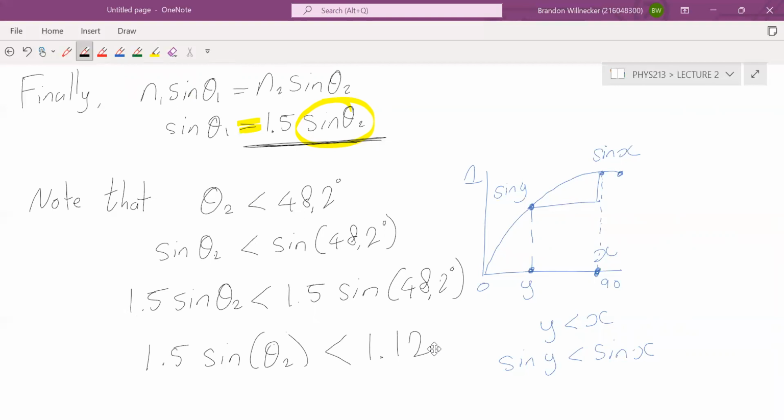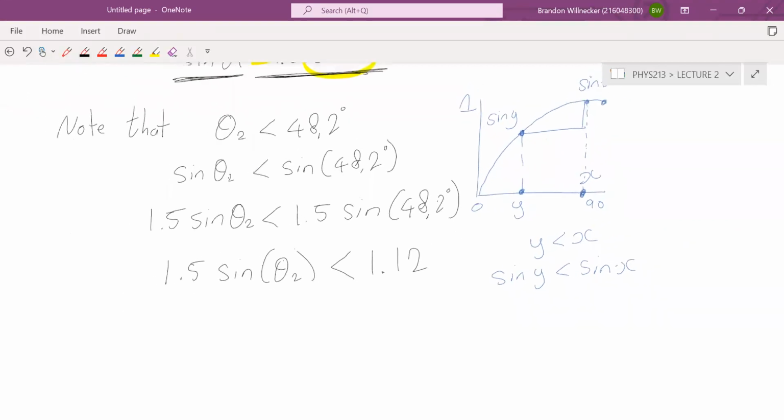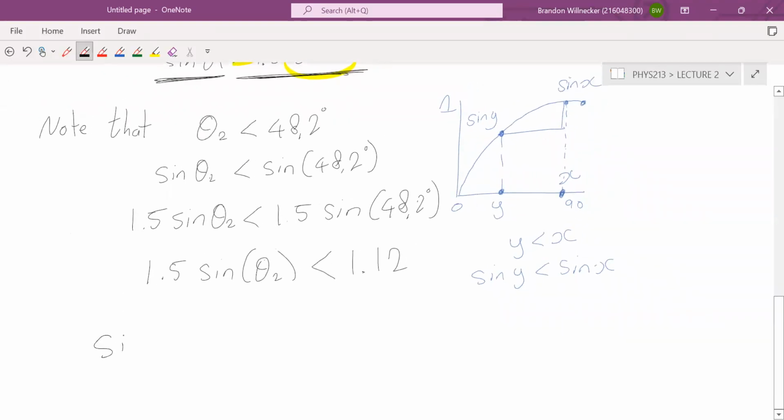And we know that sine of theta 1 is equal to this. So sine of theta 1 is equal to 1.5 sine theta 2, which is less than 1.12.